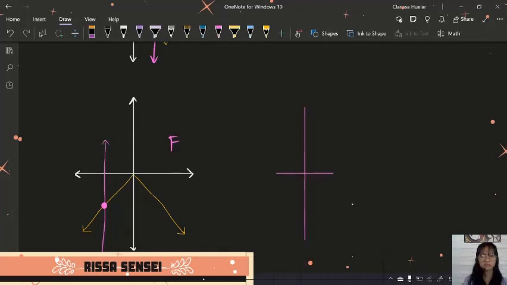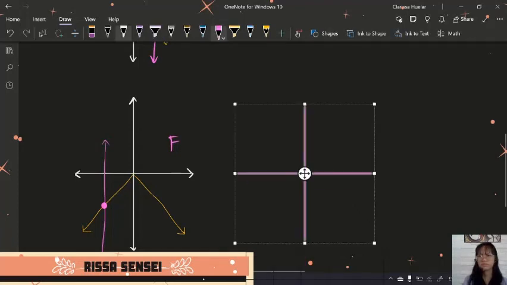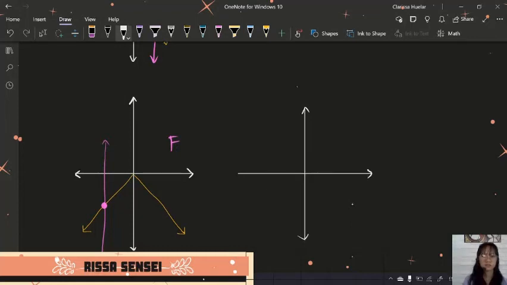Another example. So, let's say this graph here. So, it's a relation. Tapos, drop ako ng vertical lines. Kahit saan, kahit dito.